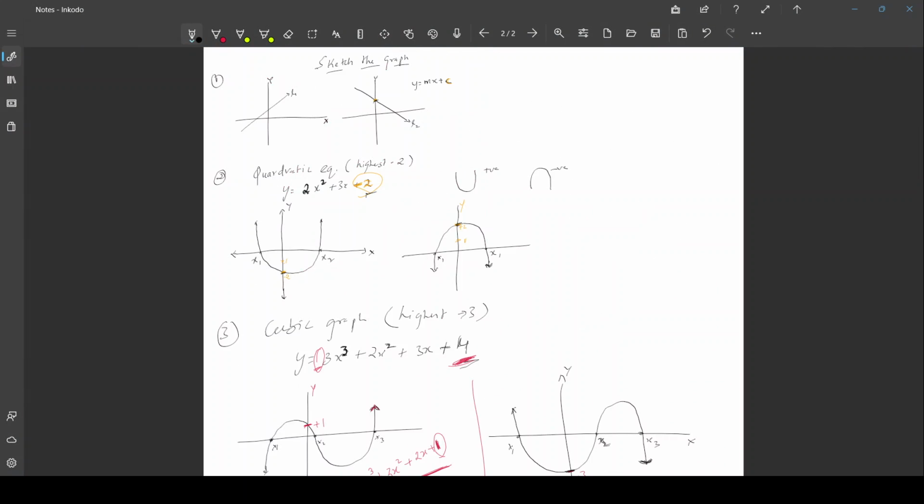Let us discuss the two more graphs that we need to consider here, that is the reciprocal graph.